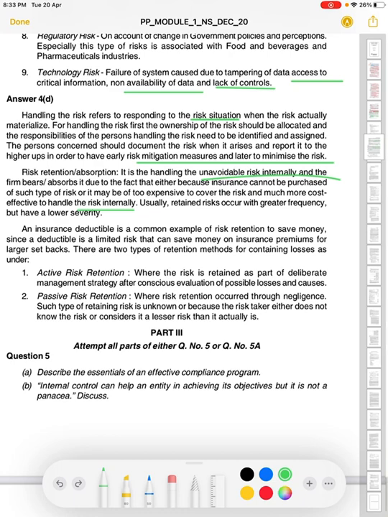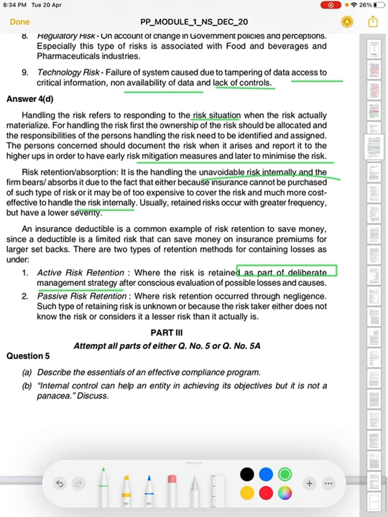In active retention, the risk is retained as a part of deliberate management strategy, after conscious evaluation of possible losses and causes.